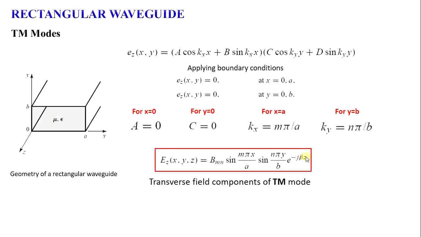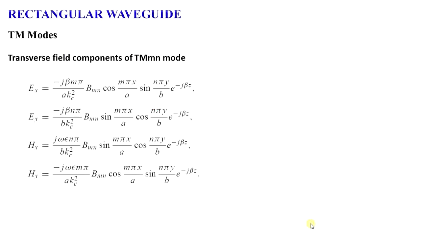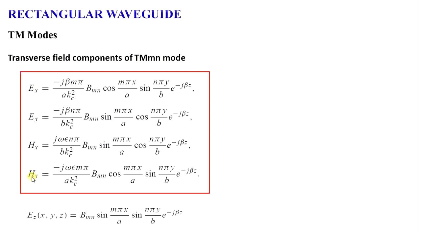We have the transverse field components of TM mode given with this equation: Hx, Hy, Ex and Ey. If we put this value of Ez in all these equations and take the derivatives, we will yield the equations of Hx, Hy, Ex and Ey, and those equations will be as shown in the slide. We know the longitudinal component is given with this equation.